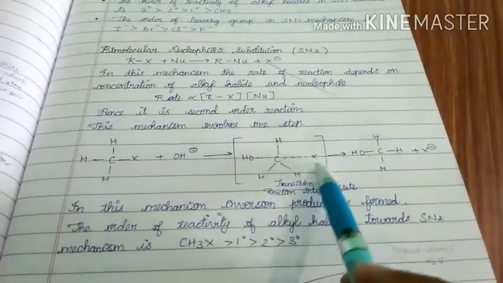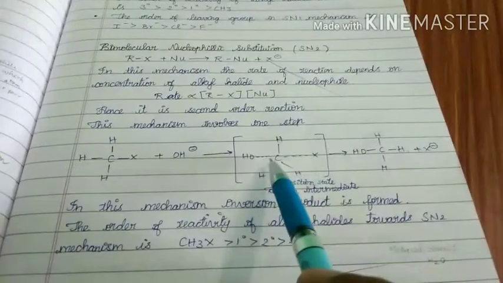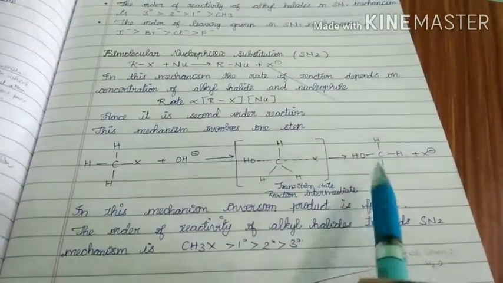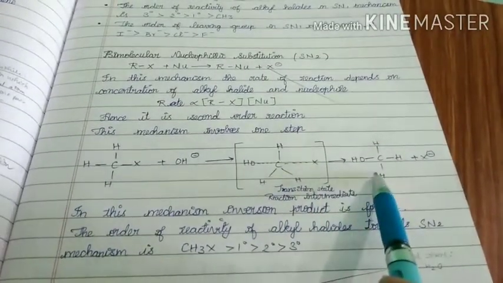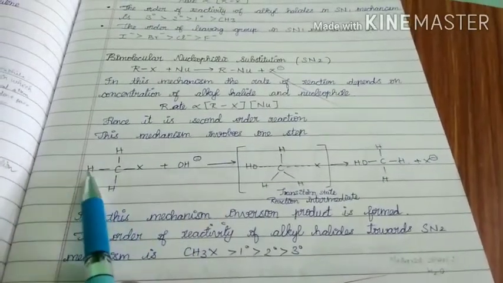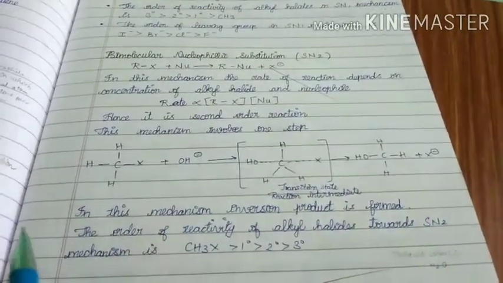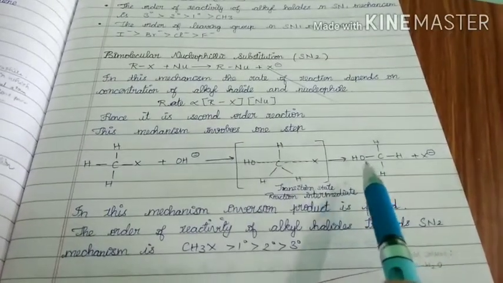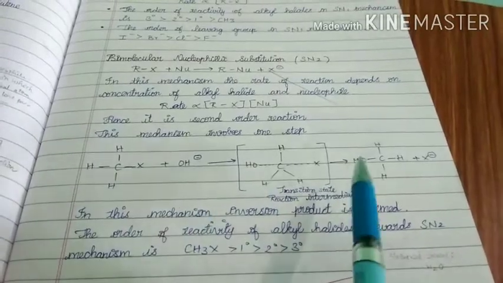Finally, this halogen will be separated from the compound and a bond will be formed between carbon and OH. If you compare this structure and this structure, this one is the reverse of the other, because here H is on the left side and here H is on the right side. That is called inversion. In the previous case both inversion and retention were present, but here only inversion is present. Next, this mechanism takes place in one step only.